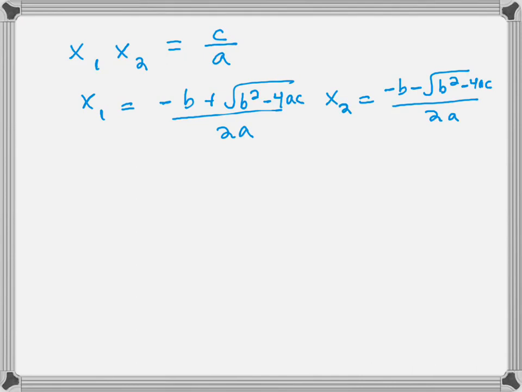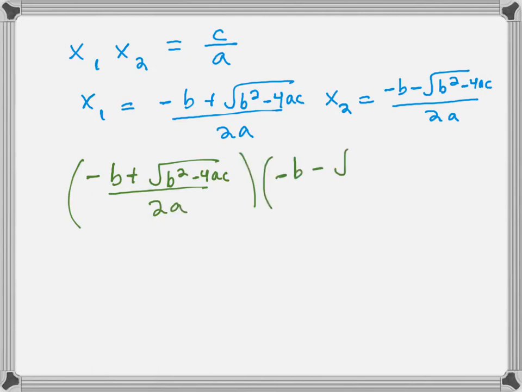So we're saying if we multiply these 2 solutions, we should get c over a. So if we actually do that, negative b plus root b squared minus 4ac all over 2a times negative b minus root b squared minus 4ac all over 2a.